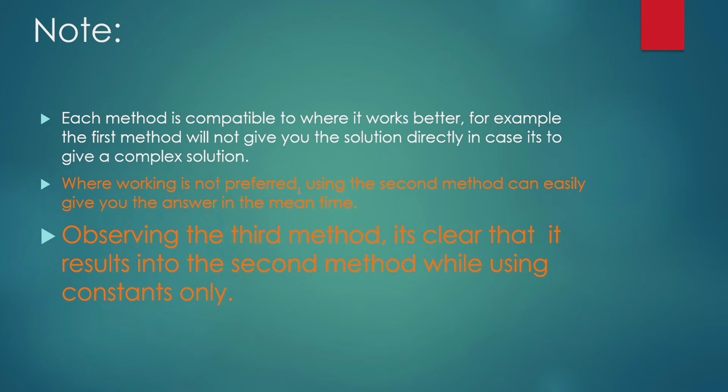Now we can see that quadratic methods are always preferred, because on advanced level, if you solve almost every number, most of them result into a quadratic equation that requires you to know all these methods. So take time, pass through all these methods, you'll be able to understand all the methods of solving quadratic equations. You won't have any problem or any glitch in solving a quadratic equation.